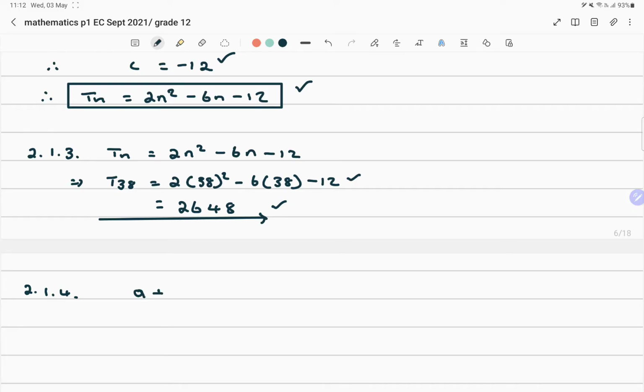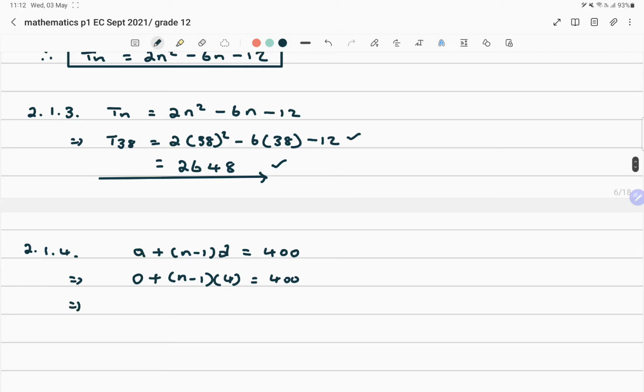So we know that, well, they are telling us that if we're looking at the first differences, they are giving us the fact that A plus n minus 1 into D is equal to 400. You can choose how you want to go about it. The common difference there was a 4, right? So that is the situation right there. And then we sort it out.